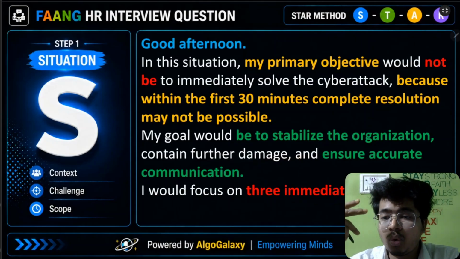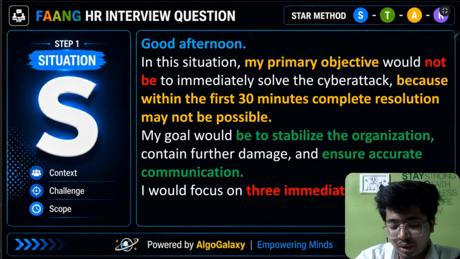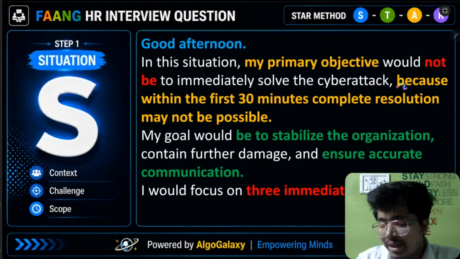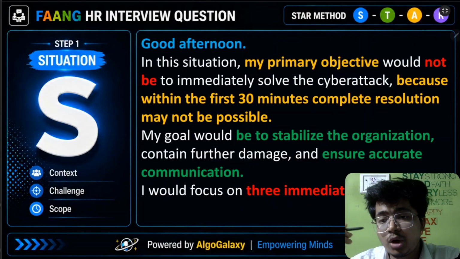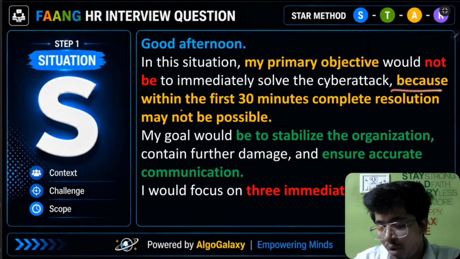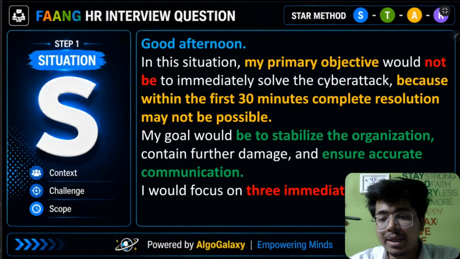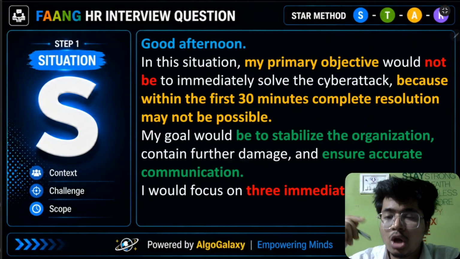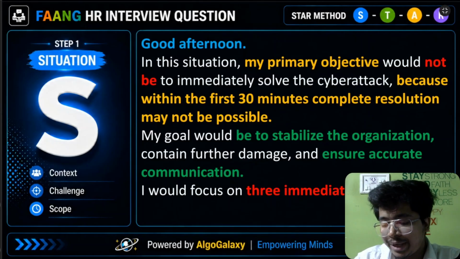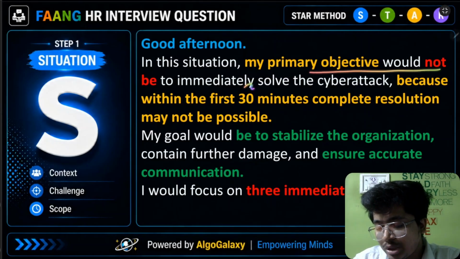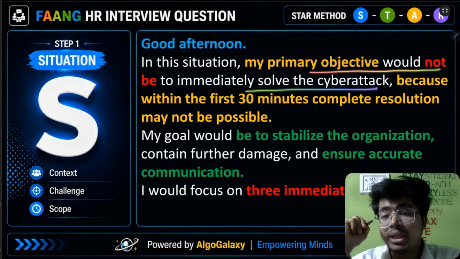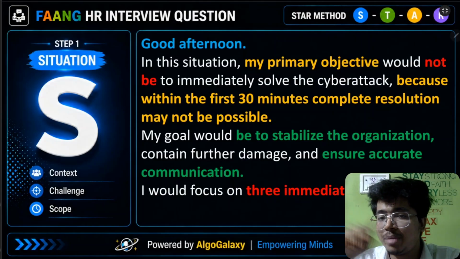As the question told us to proceed through 3 immediate decisions, now we are proceeding. Notice one important thing: in this situation my primary objective would not be to immediately solve the cyber attack, because within the first 30 minutes complete resolution may not be possible.